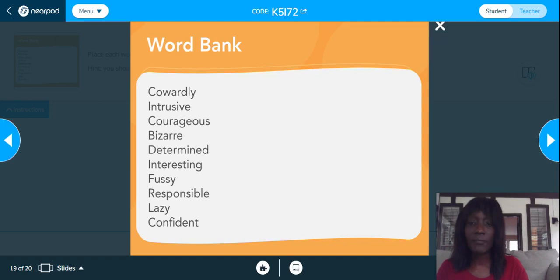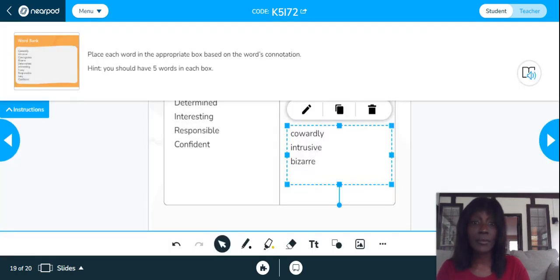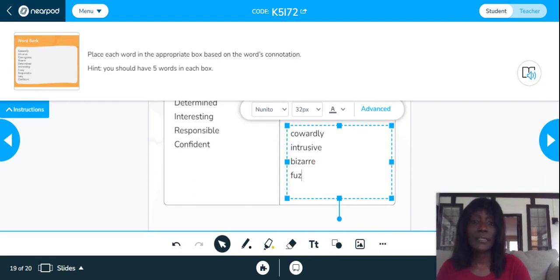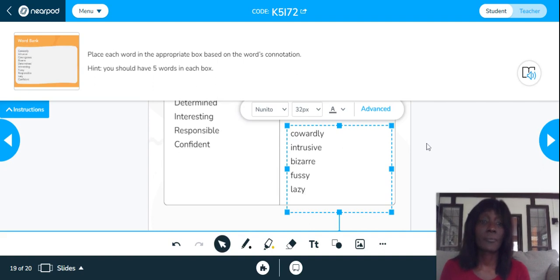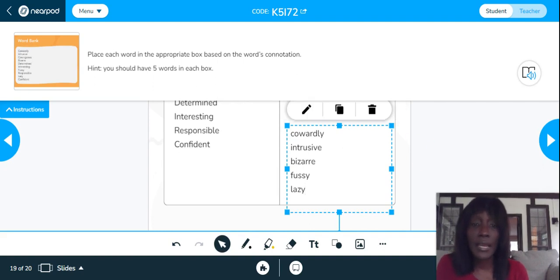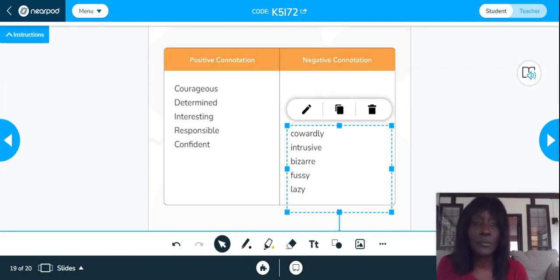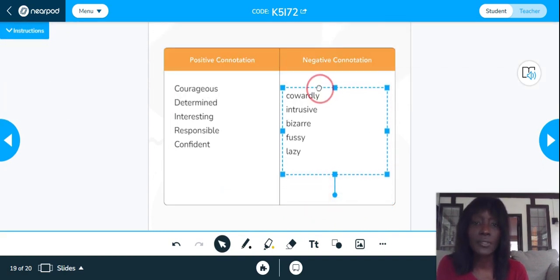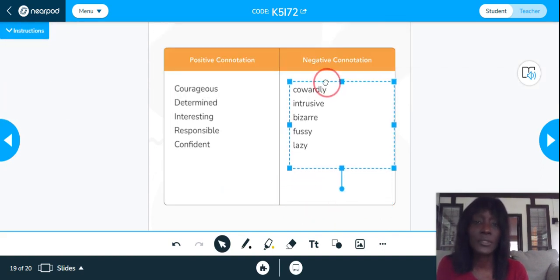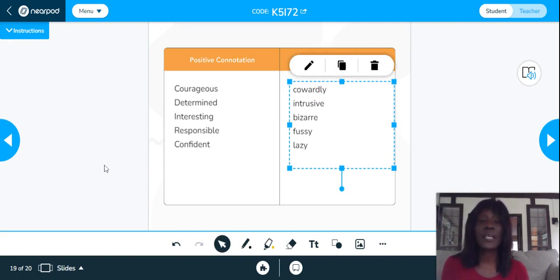Let's see. Fussy and lazy. Okay, and so you have 5 words here, and then you have 5 words over here. So you have 5 words representing negative connotation and 5 words representing positive connotation.